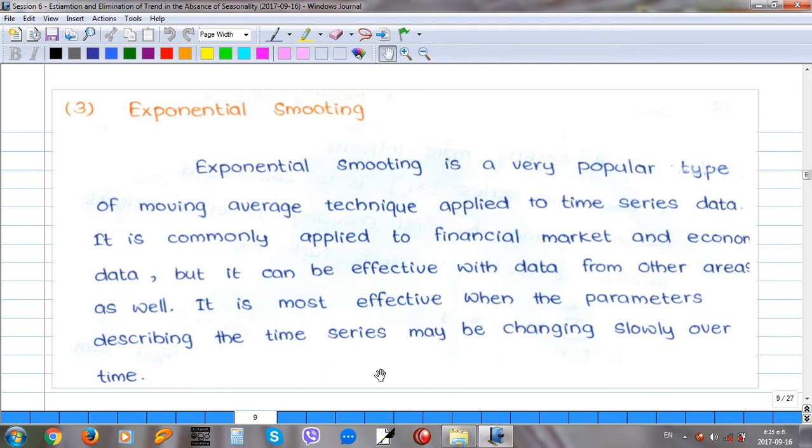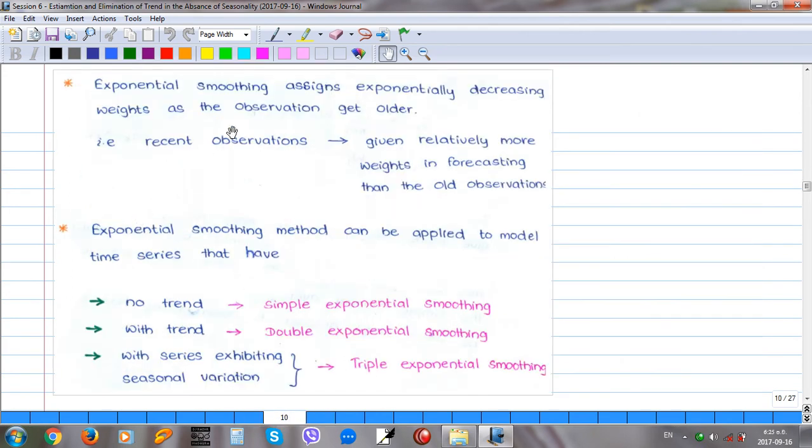It is more effective when the parameters describing the time series may be changing slowly over time. Exponential smoothing assigns exponentially decreasing weight as observations get older. Recent observations are given relatively more weight in forecasting than the old observations, as we did in the weighted moving average filter.